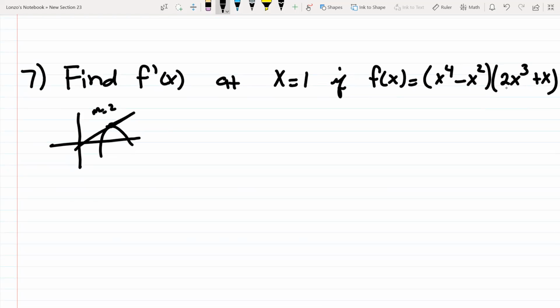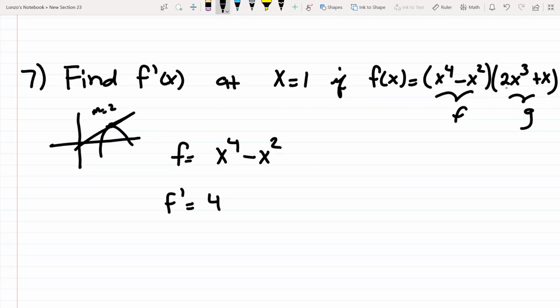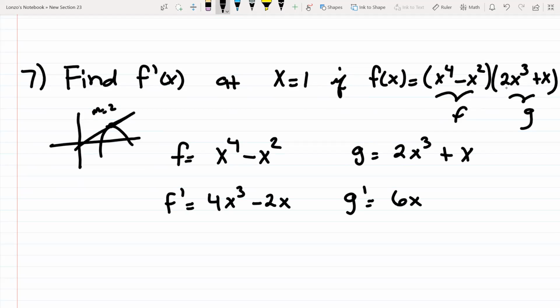So to find f prime of x, definitely use product rule. So this is going to be 4x cubed minus 2x, and then g is going to be 2x cubed plus x, and then g prime is going to be 2 times 3 is 6x plus 1.